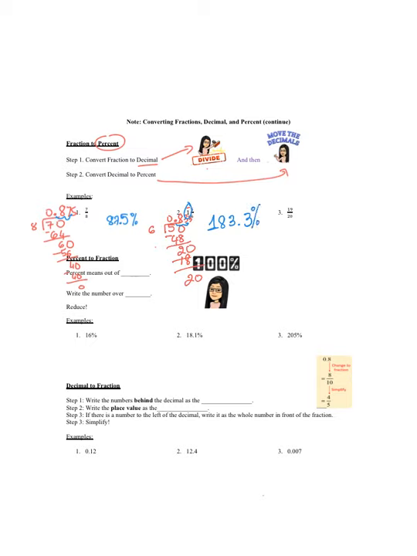Number 3, 19/20. Convert to percentage. I'm going to divide. 19 divided by 20. Okay, 19 is smaller, so it cannot divide 20. So I'm gonna borrow the 0.